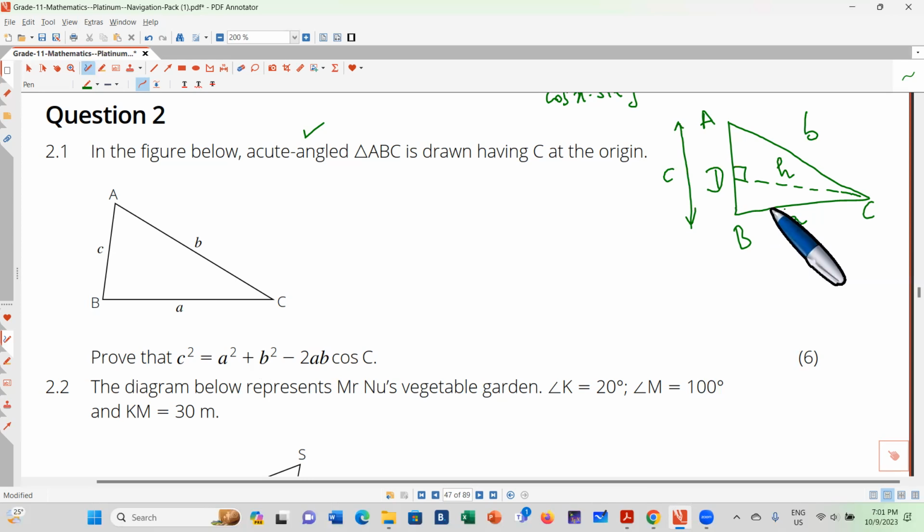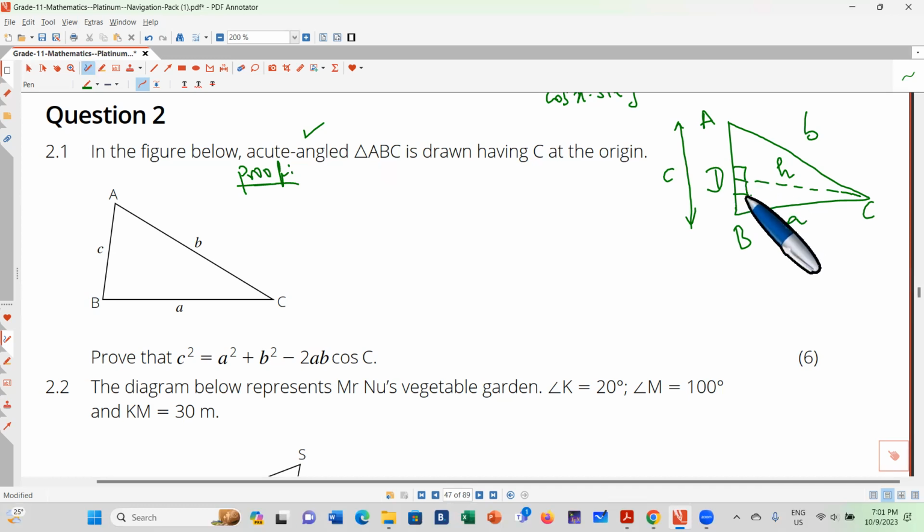So here comes the proof. To do the proof of this, we proceed as follows. Because you already have marked this, and this angle is 90 degrees, we had acute angles in the triangle ABC. But now we have constructed, and the construction has yielded a right-angled triangle.